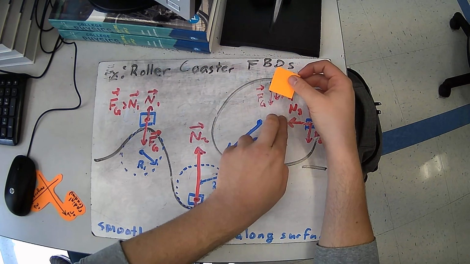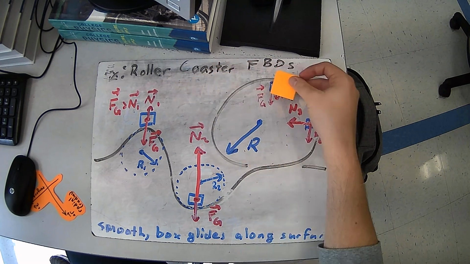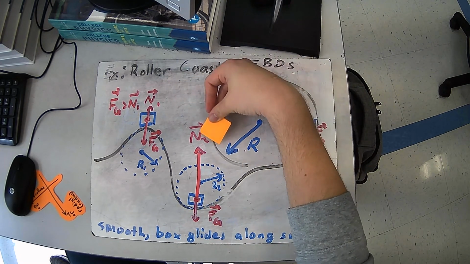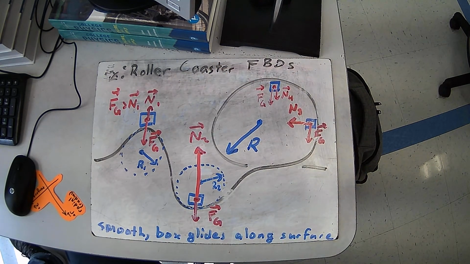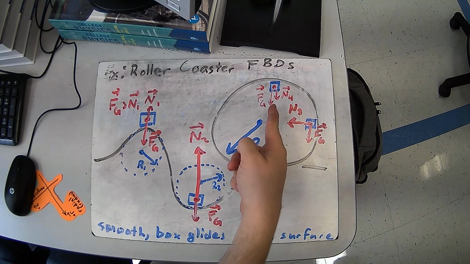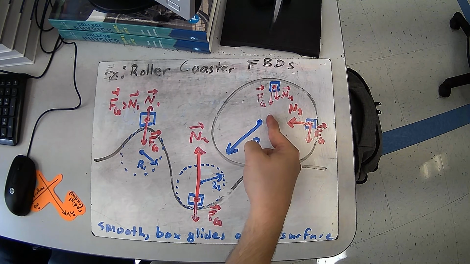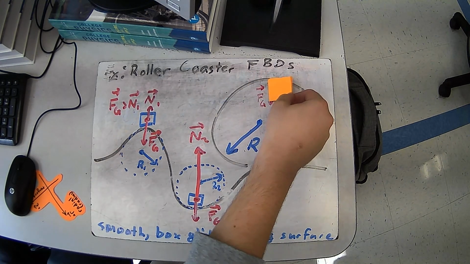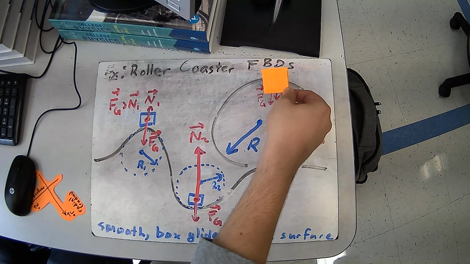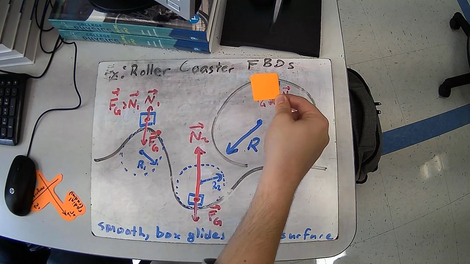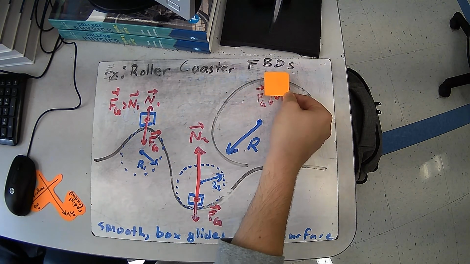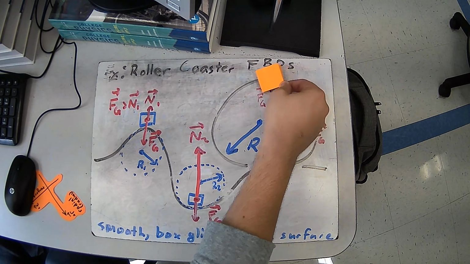And it's these 2 downward forces that prevent it from launching to the left and instead keep it along its circular path. So the reason this box doesn't fall is because that wouldn't be what it would do in this case. Instead, it has a speed to the left, so it naturally, in the absence of force, would go to the left. And so we need forces that are perpendicular to that leftward velocity to keep it turning in the circle.